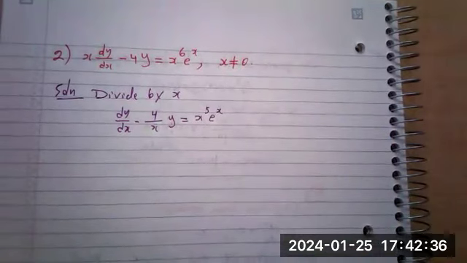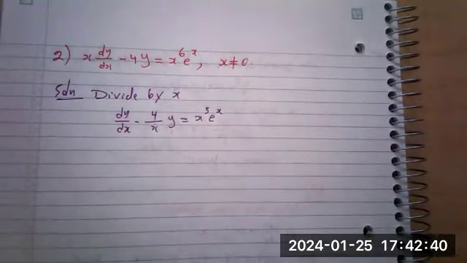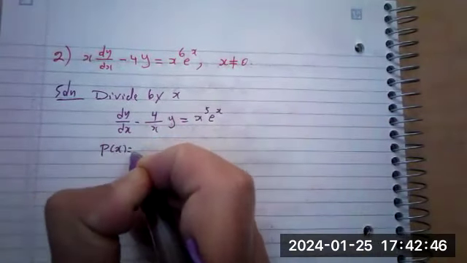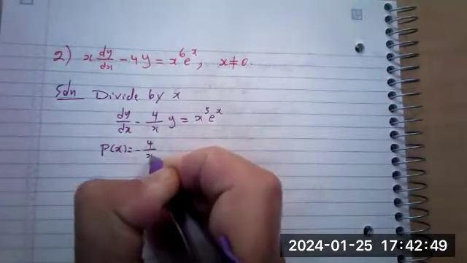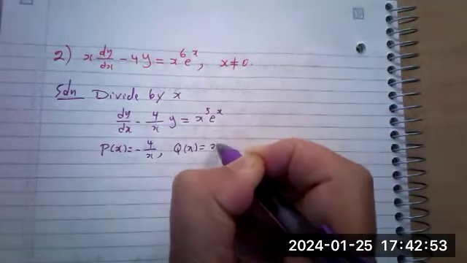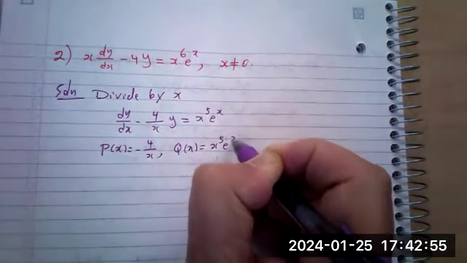So now it's a linear equation. Identify the p(x) and q(x). So your p of x is negative 4 over x. Q of x is x to the 5th e to the x.